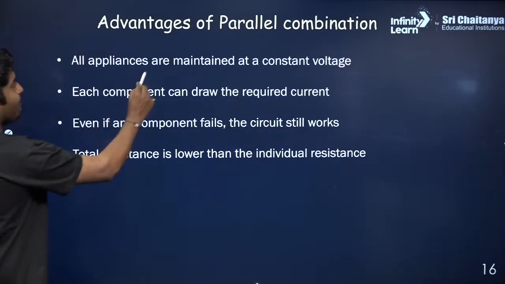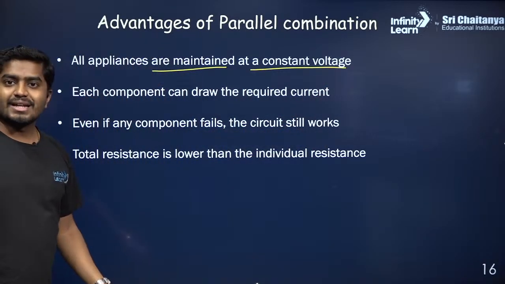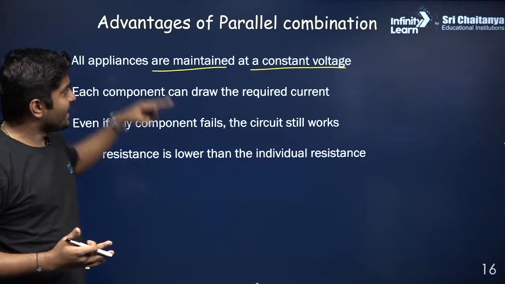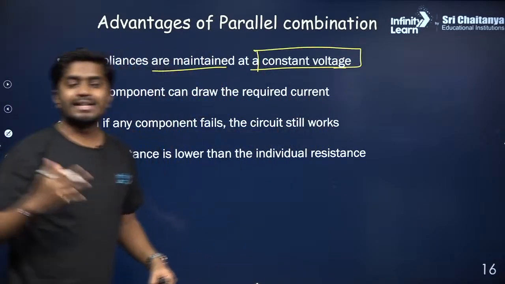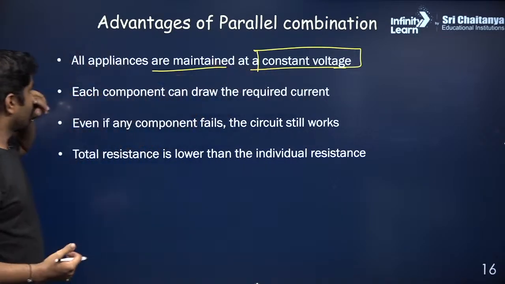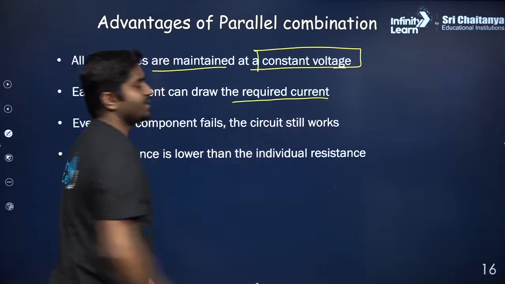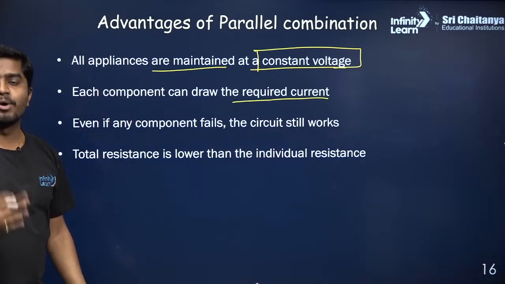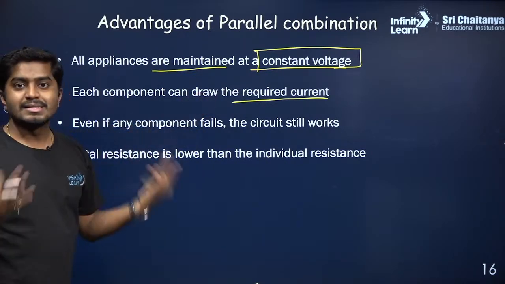One is it maintains constant voltage. So when the current comes to our houses, it is maintained at a constant voltage. So all the devices that we use can be maintained at a constant voltage in parallel. Then the second one, each component can draw equivalent current. So each component can draw the required current from the circuit.